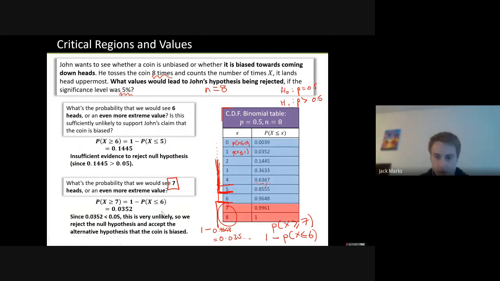So in general, we could say, matching to the diagram that we had before, we sort of turned it onto its side, and this is what it looks like. So 7 or more makes the area of the 7 or more part less than 5%. In other words, it's the first point where you would reject the null hypothesis.